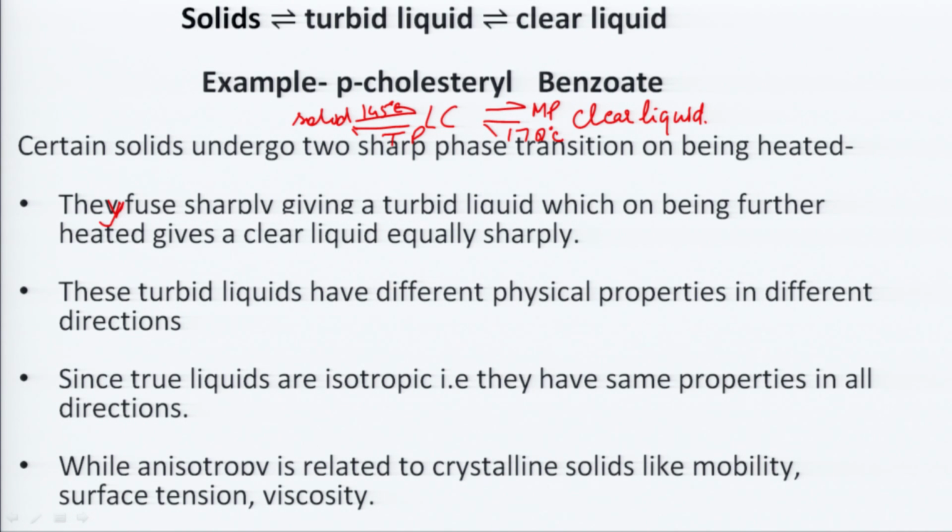So, these turbid liquids have different physical properties in different directions. Why? Because they contain a partial crystalline structure still in them. And since normal liquids are isotropic, that is, they have the same properties in all the directions, while anisotropy is a property which is related to crystalline solids, like mobility, surface tension, viscosity, etc.